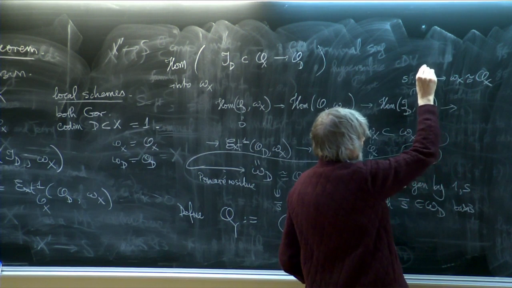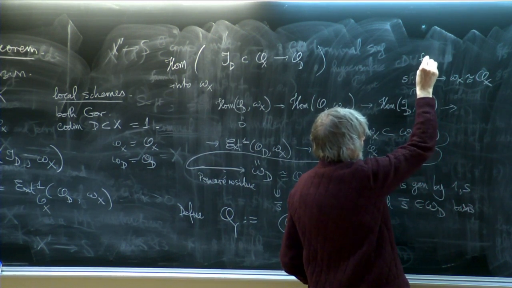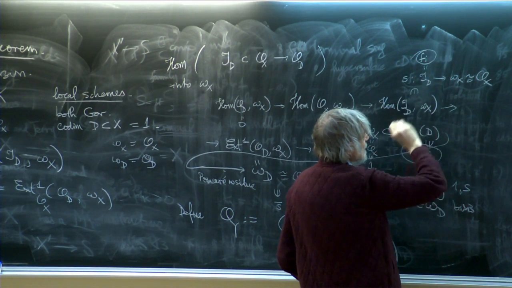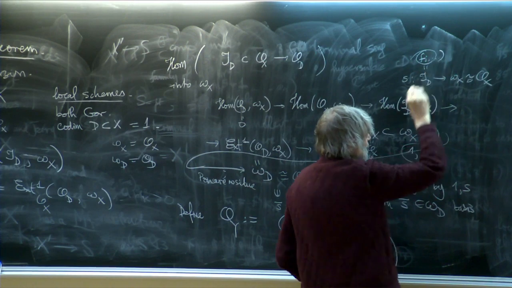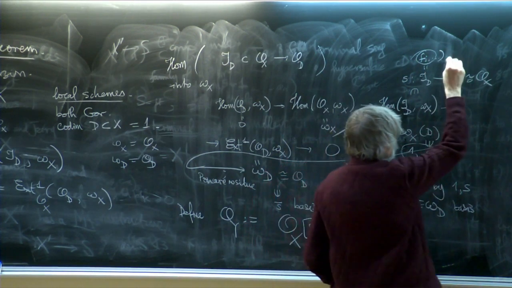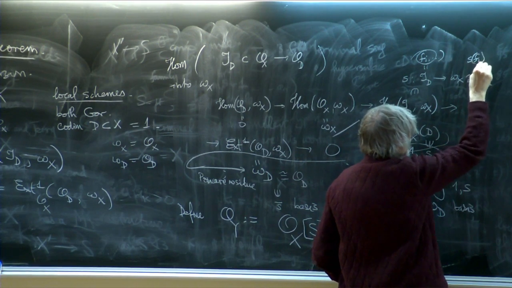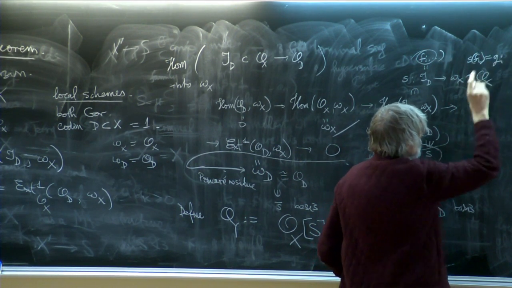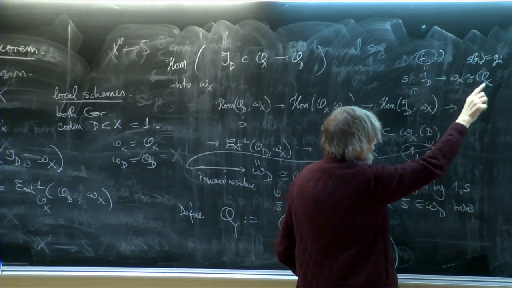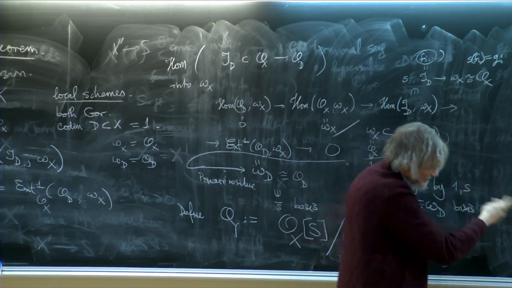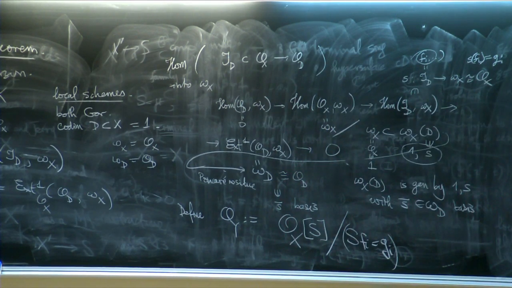So this guy here is generated by Fi, and the S of Fi is Gi. So the Fi and the Gi are just elements of OX, exactly the same as these A and B.